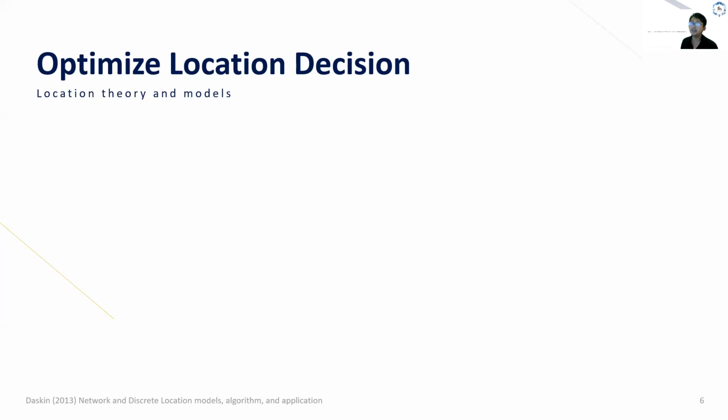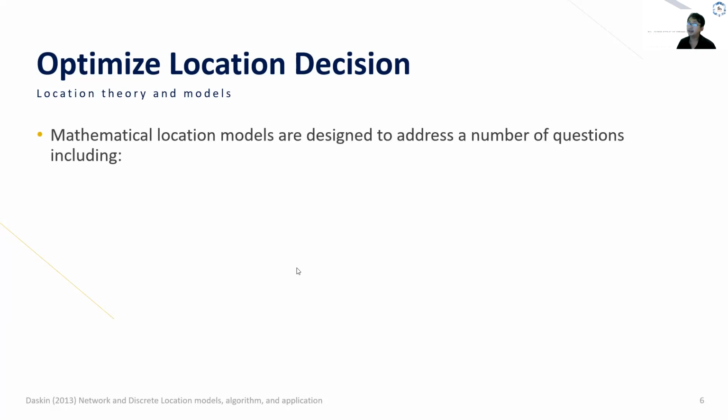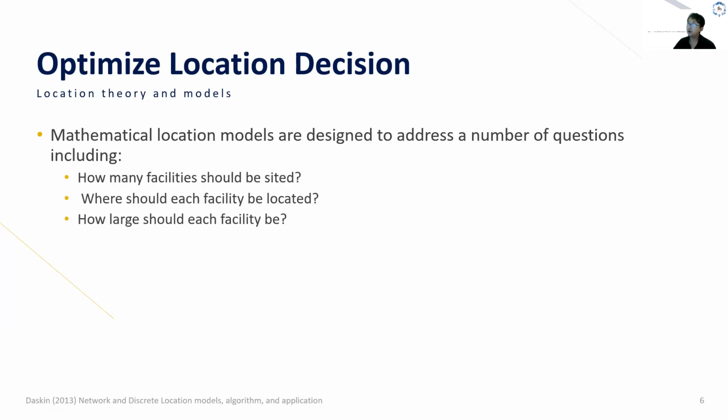And last week we discussed that, to have a narrower discussion, I'm going to introduce how we apply those optimization techniques to supply chain planning and supply chain optimization problems. In particular, what we want to see today is how optimization techniques can be applied to optimize location related decisions.